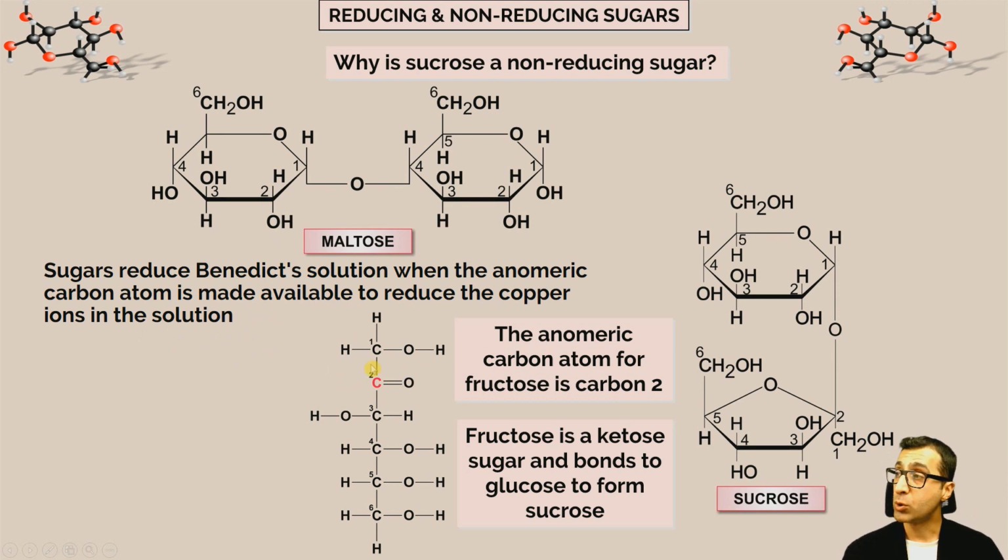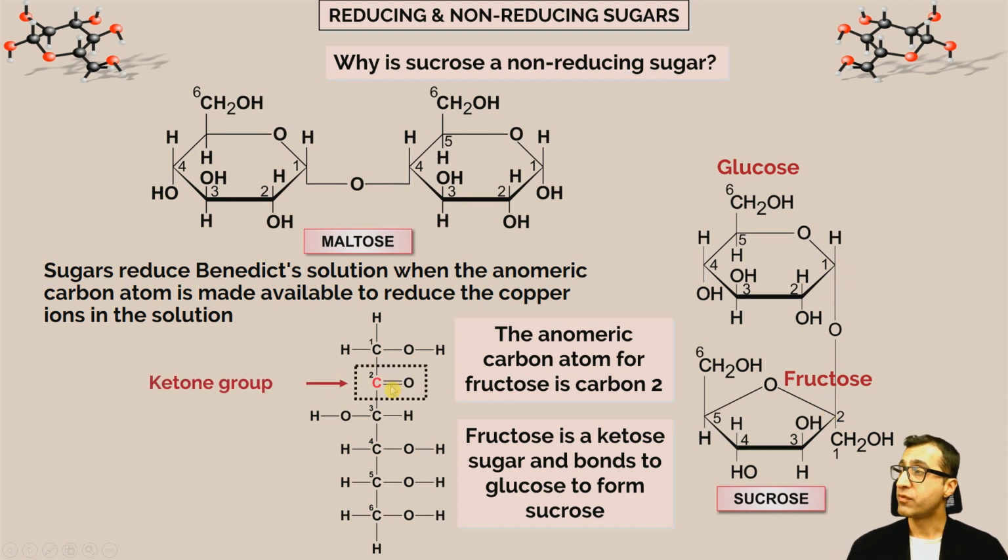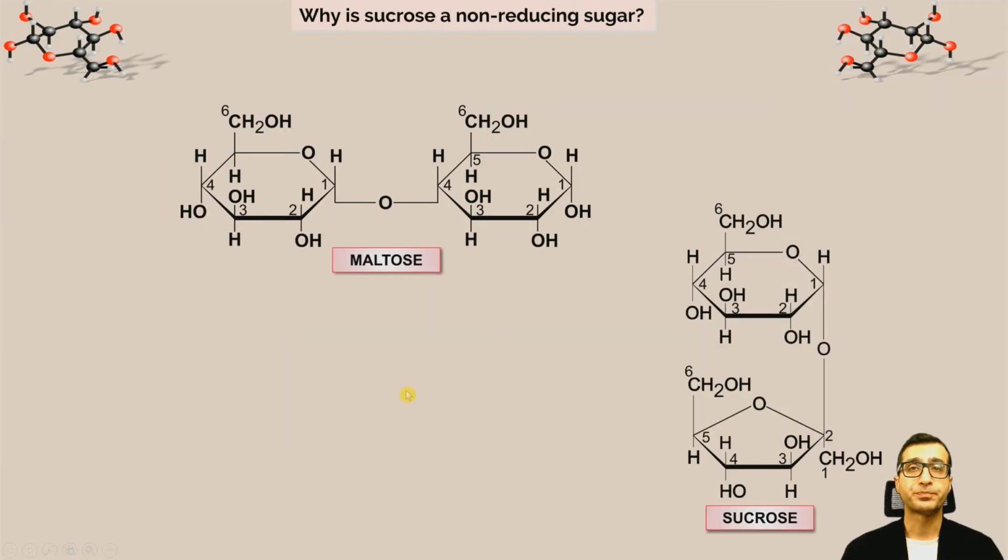This is called a ketone functional group. And so fructose being a ketose sugar, this will bond to glucose to form sucrose. And so this is the manner in which glucose and fructose bond with the glycosidic bond. And as you can see here, the anomeric carbon on glucose, or the carbon 1, is bonded to carbon 2 here. And so this is referred to as a ketone group.